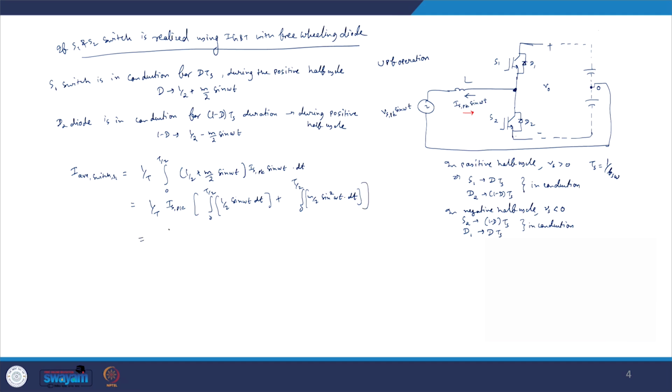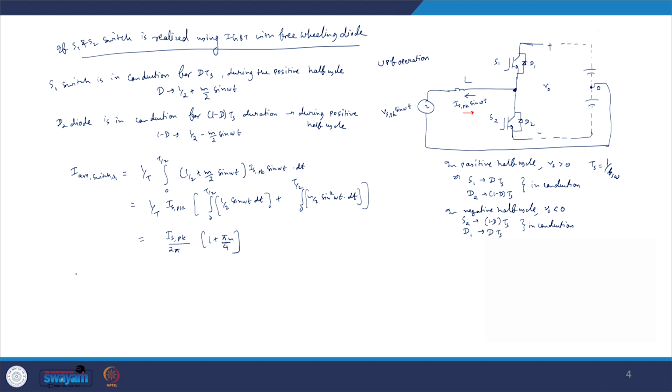And this, when we solve, gives Is peak by 2 pi times 1 plus pi by 4 m. So with this, one can easily calculate the average current going through the switch S1.